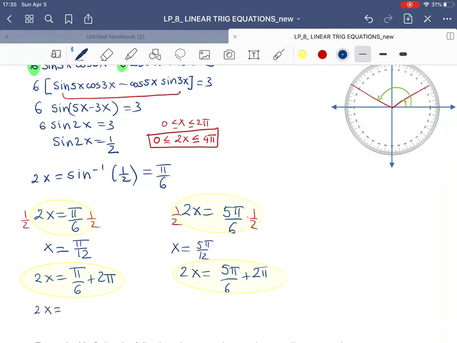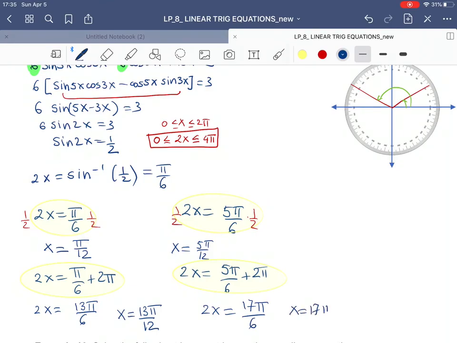Here we have to do a little bit more work before we isolate x completely. So pi over 6 plus 2 pi is 12 pi over 6, 13 pi over 6. So that will give x of 13 pi over 12. And this one would be 2x equals 5 pi over 6 plus 12 pi over 6, 17 pi over 6.